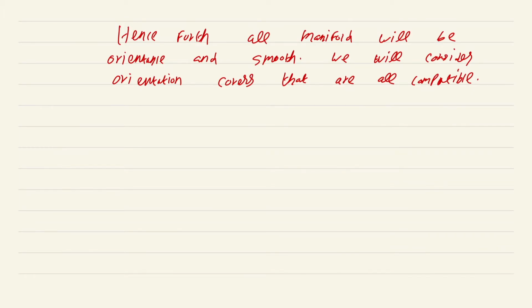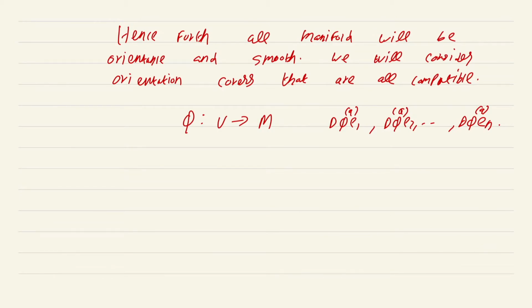In other words, if you take a particular local parameterization phi from U to M, coming from this orientation cover, I expect d phi e1, d phi e2, dot dot dot, d phi en to be equivalent to the given orientation. Of course, this must be taken at some point a. This must be equivalent to the orientation of that particular tangent space at the point phi of a given by the orientation. So I will only consider compatible orientations.